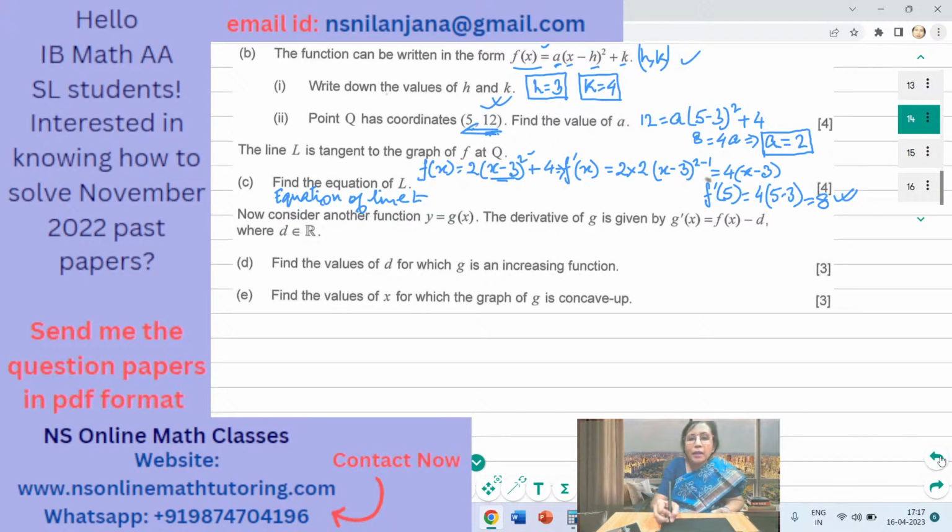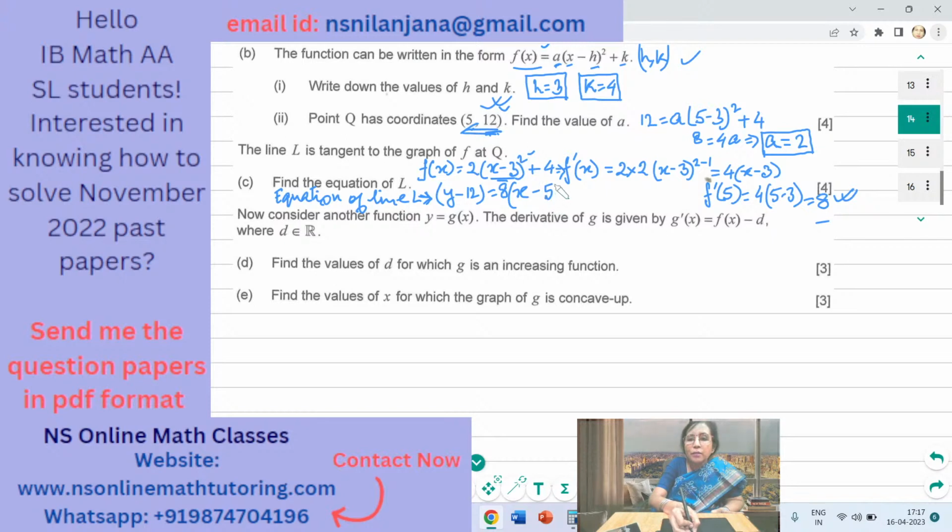It is y minus y1, y1 is 12, equal to m, m is 8, times x minus x1, x1 is 5.